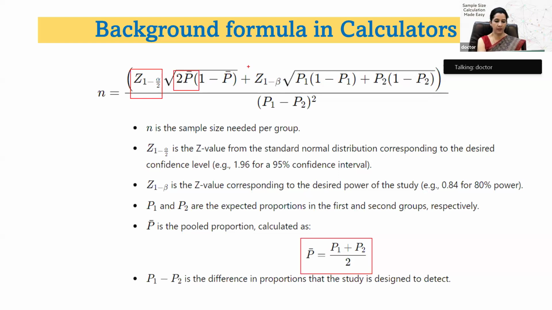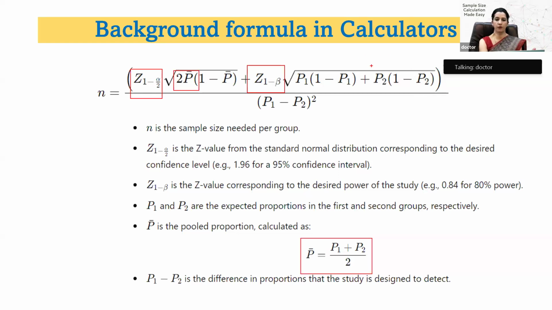And again this Z 1 minus beta, if you see, is the Z value corresponding to the 80% power. If you take 80%, the value will be 0.84, and it will be 1.28 if you take 90%. And this is P1, Q1, and this is your P2, Q2, or P2 in the bracket 1 minus P2.